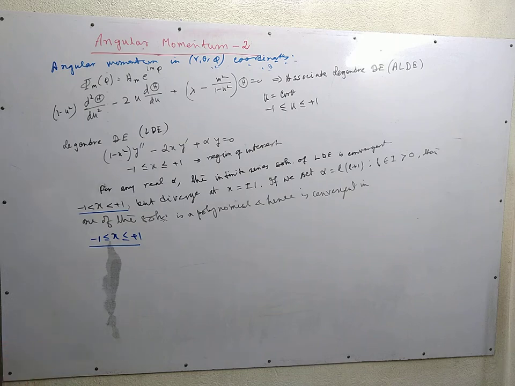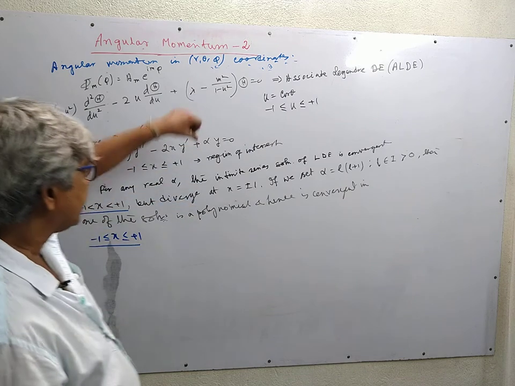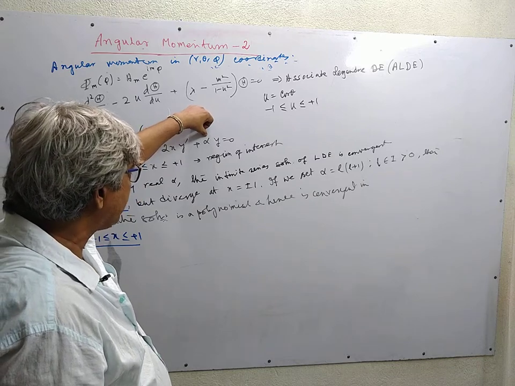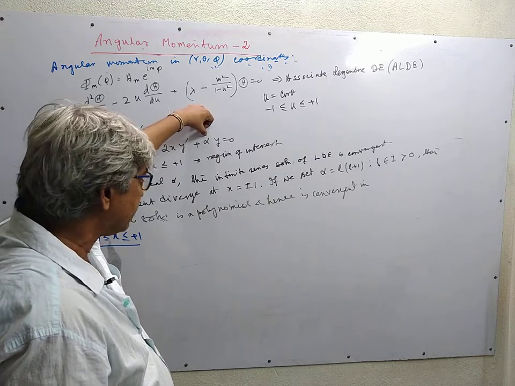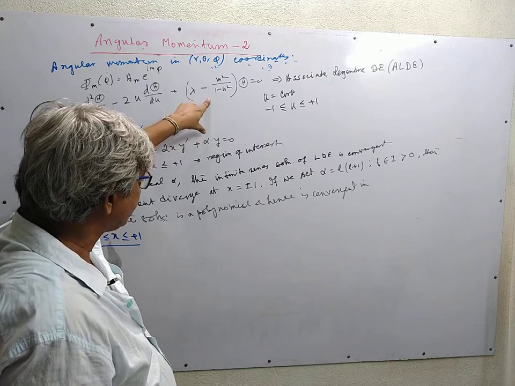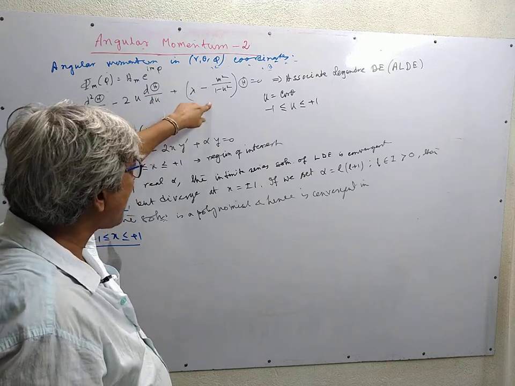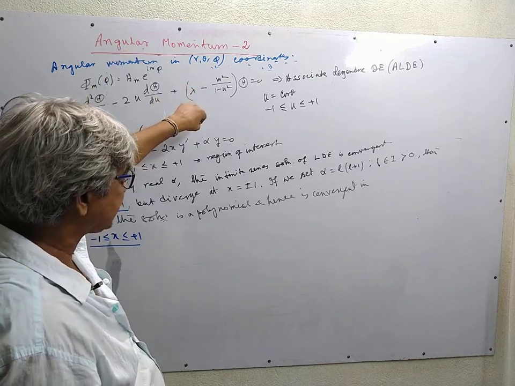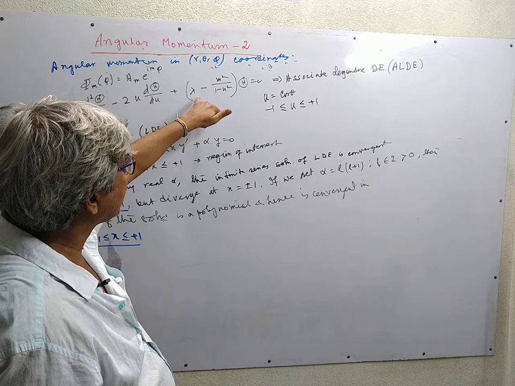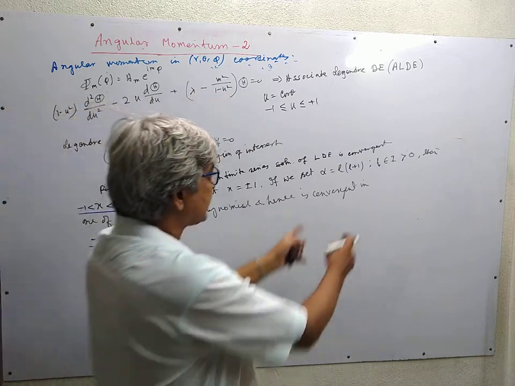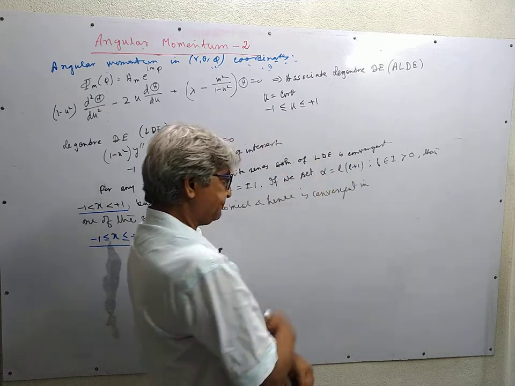That is to say, if we deal with any real alpha, say alpha is equal to 1.5, then the solution will be convergent everywhere except on the z-axis. But if you want a solution which is convergent even on the z-axis, then any value will not do. We are to take a special value.